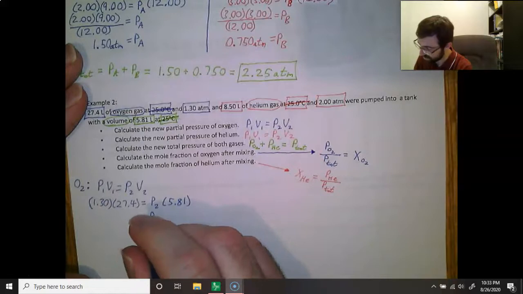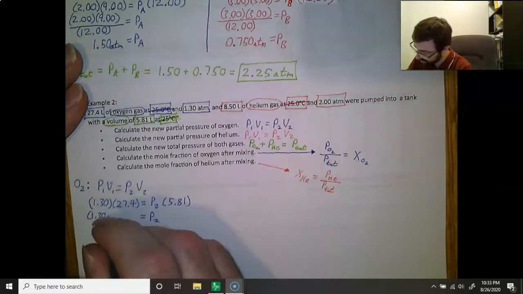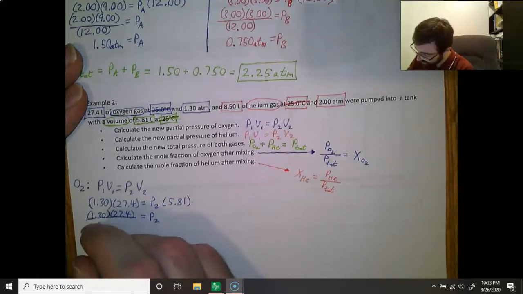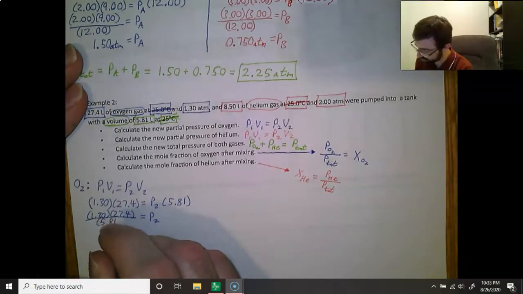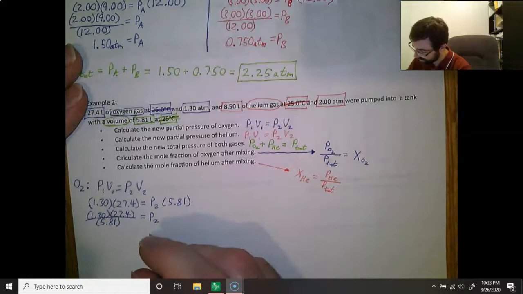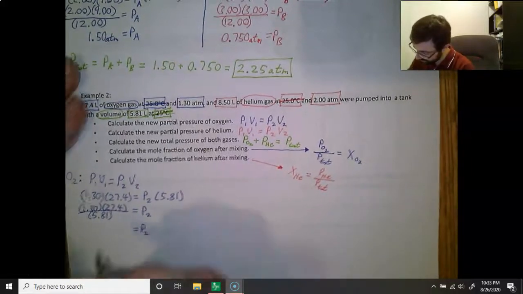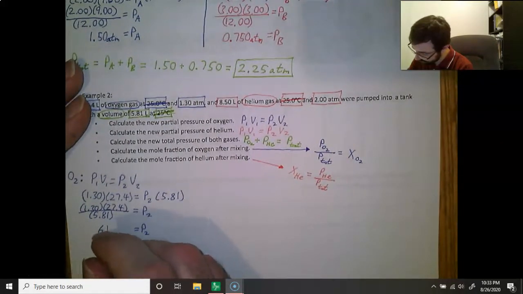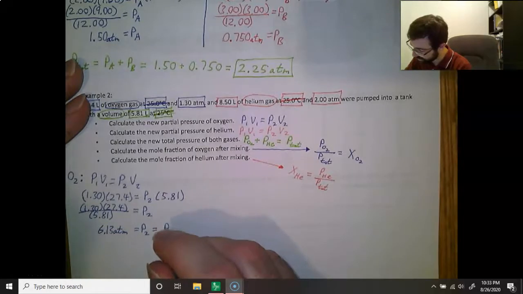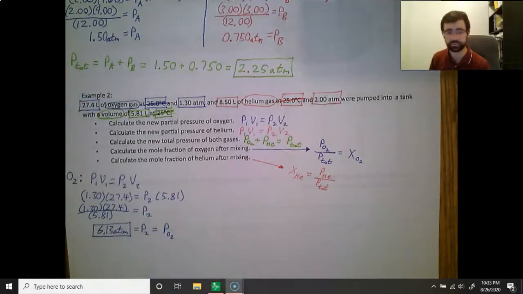P2 is going to be equal to 1.30 times 27.4 divided by 5.81. So multiply those, divide by that. P2 equals 6.13 atmospheres. And by the way, we could call that P of O2. That's our new pressure of oxygen. We solved the first part.